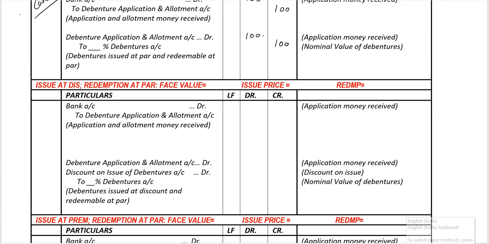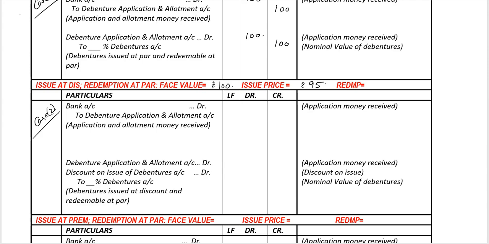The issue is at discount and the redemption is at par. This is the second case. Let's say the face value of the debenture is rupees 100 and it's issued at a discount of 5%, then the issue price would be equal to 95 rupees.